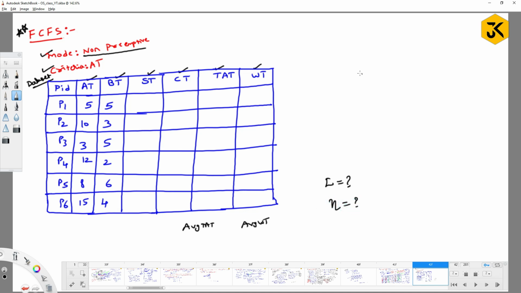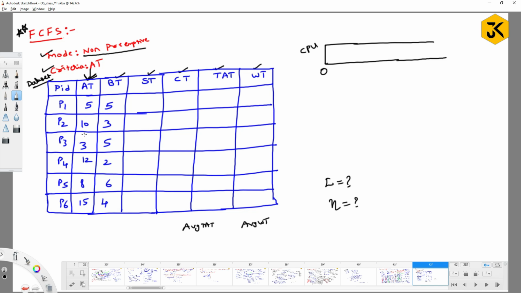So for that we'll go with a Gantt chart. If I assume this is a CPU, it will generally start at 0 nanoseconds. Guys, at the CPU starting at 0 nanoseconds, has any process arrived? No, right? No process has arrived at 0 nanoseconds.